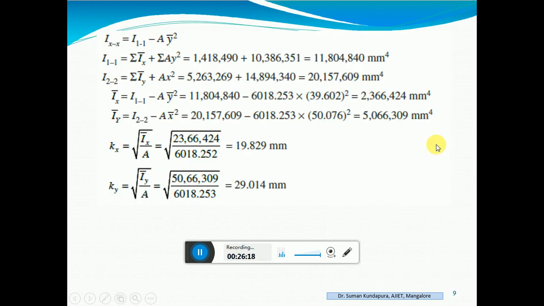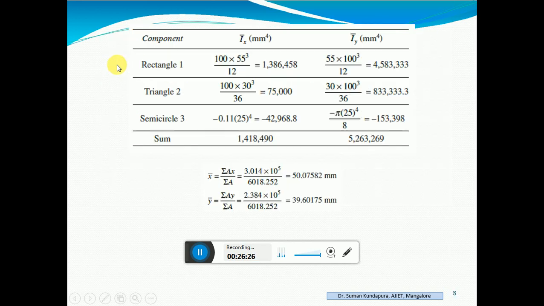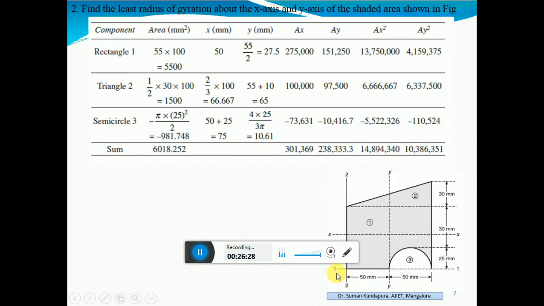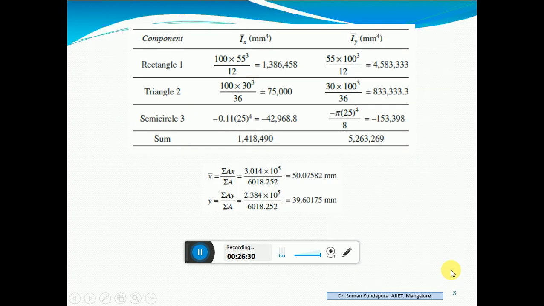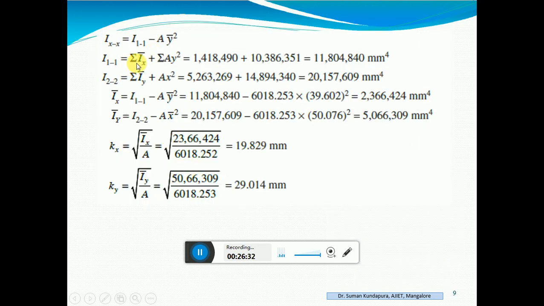So please don't forget the equation. When it comes to the x-axis, I11 is located along the x-axis. So when I11 is along the x-axis, it is summation Ix bar plus summation a y squared. Y is the distance from the x reference axis.